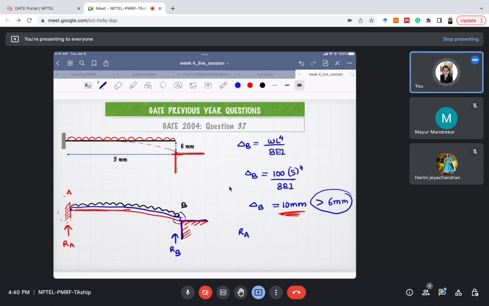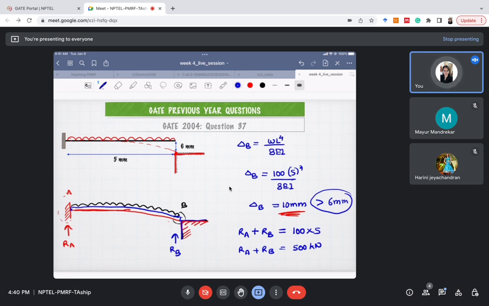The reaction will be Ra plus Rb equal to total vertical load. The total vertical load in this case is 100 kilonewton per meter, and the length is 5. So Ra plus Rb is equal to 500 kilonewton.